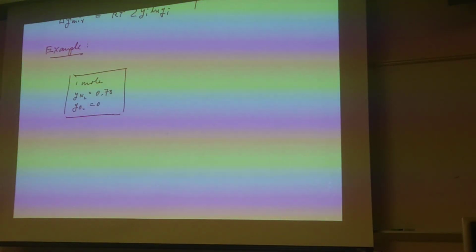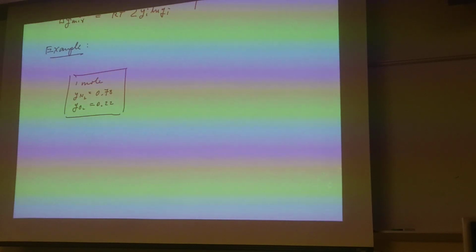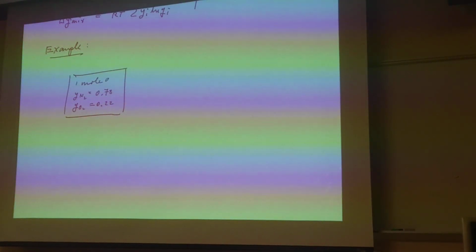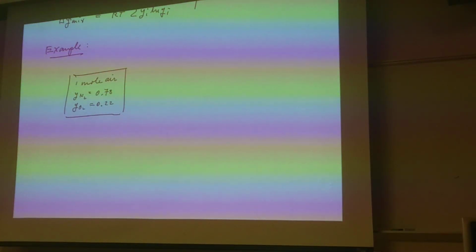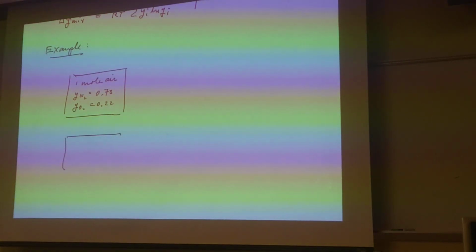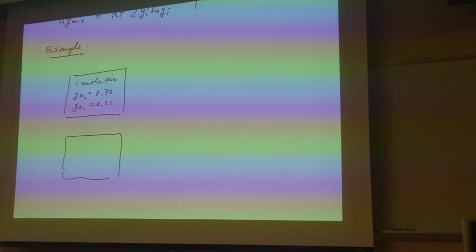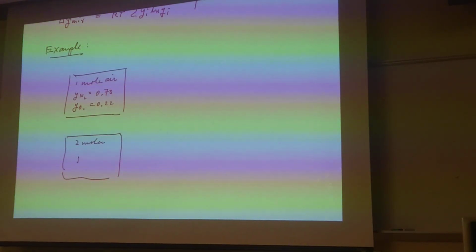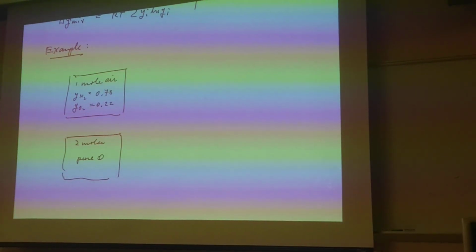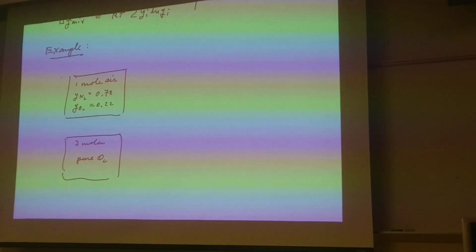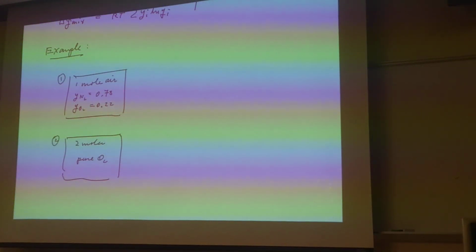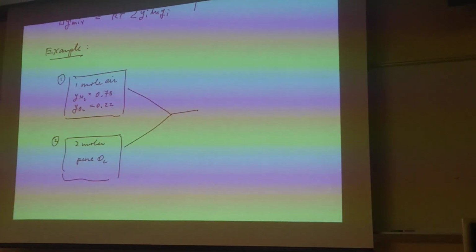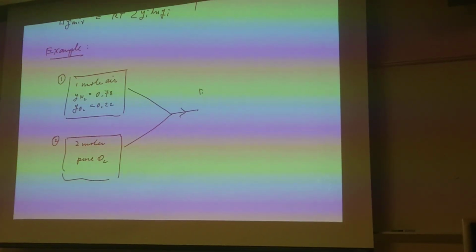And 0.22 moles of oxygen. And in another system here, I've got 2 moles of pure oxygen. So this is system 1, this is system 2, and there are some given temperature and pressure, and I want to consider the process where I mix them.